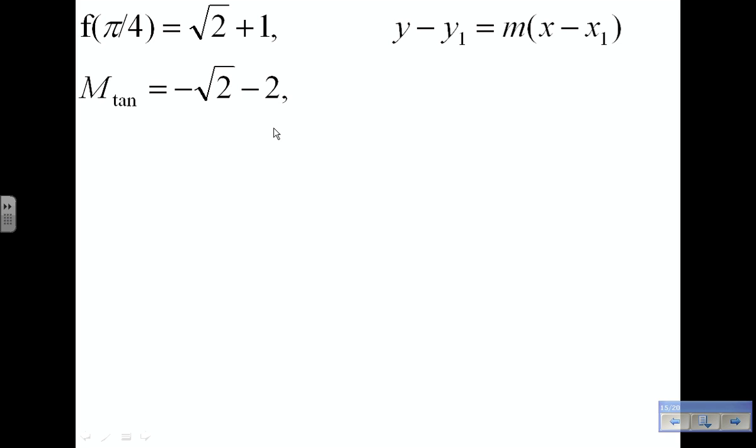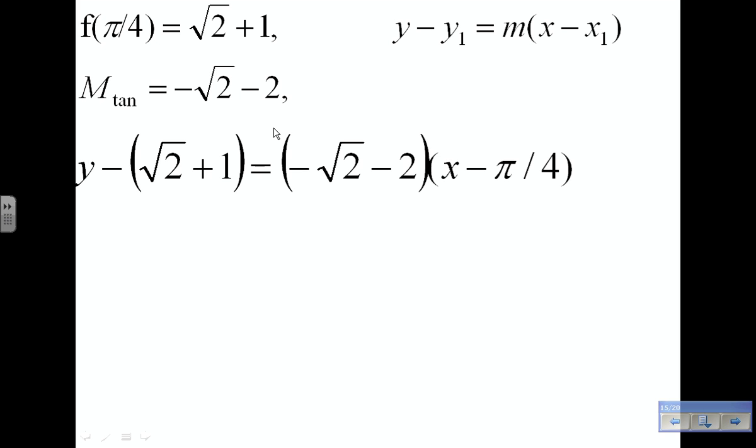So, first one, let's do the tangent. I just put in the y1 value, and I'm done. Isn't that nice? There we go. Look at that answer. That's an answer.